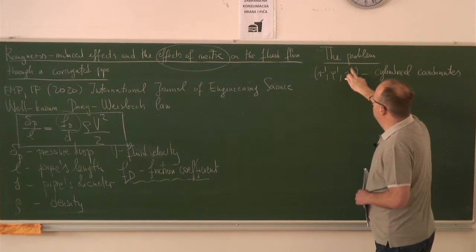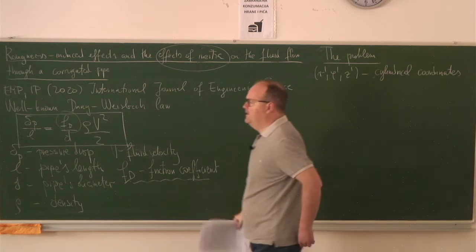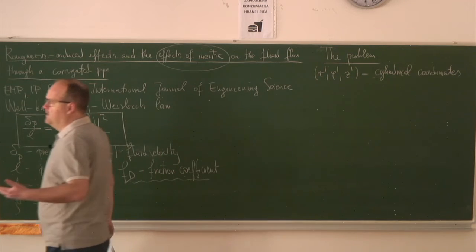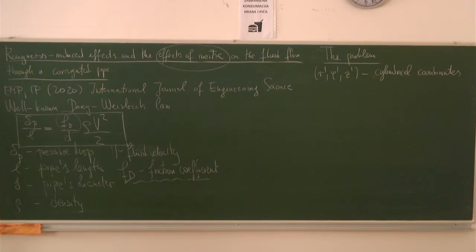Why this superindex here? Because we will start from the equations in dimensional form, and then we will write the equation in non-dimensional form. If you want to publish something in engineering journal, then you have to work in dimensionless form.